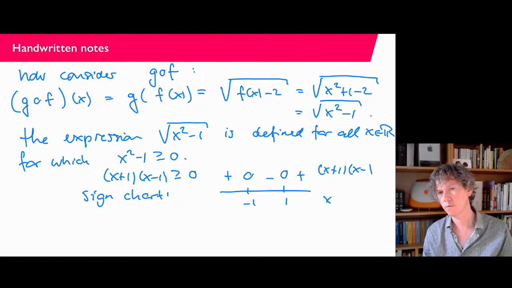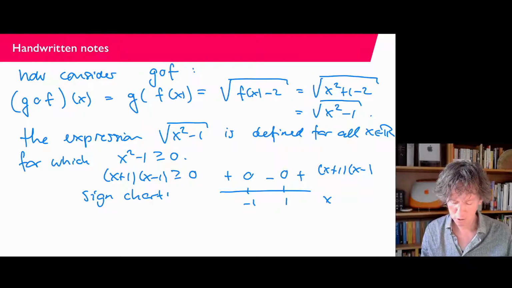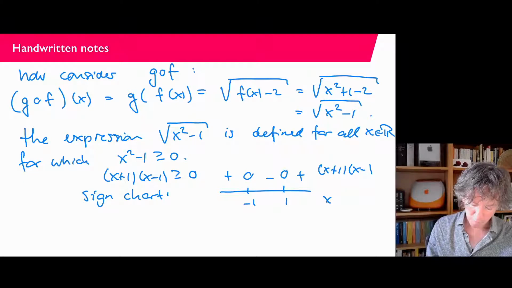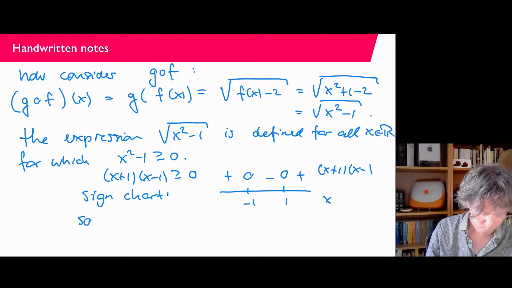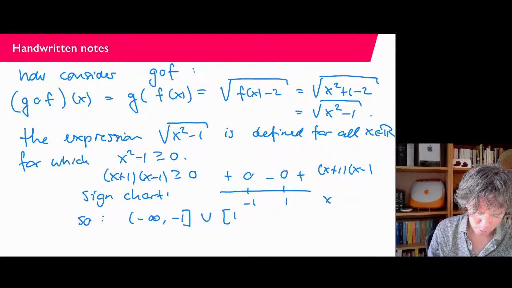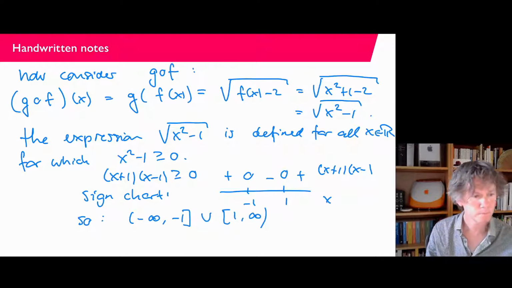I trust by now you know how to make a sign chart, and you can do it similarly. And we can read off that this holds true. We want it to be positive, so we have the collection from minus infinity to minus 1 included, union 1 to infinity.